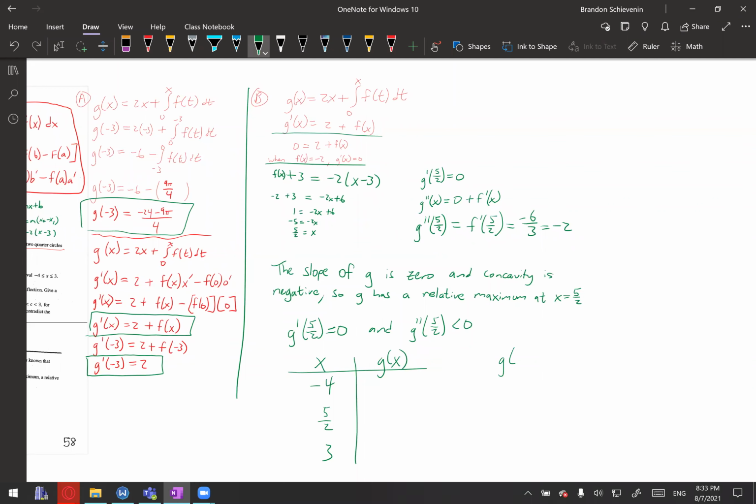G of x is our original function, 2x plus the integral from 0 to x of f of t dt. So I'm going to have 2 times whatever number this is, and then plus the integral from 0 to whatever number that is. This first one then would be g at -4 is equal to what? I've got Jade next.